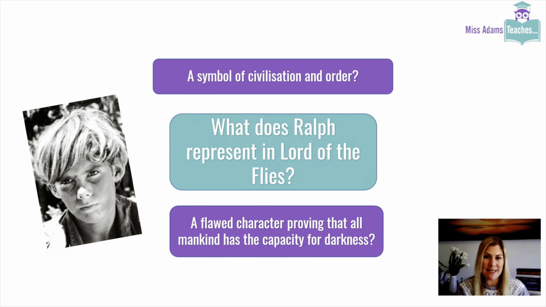He's not meant to be seen like a Simon character who seems to have very few imperfections and is almost revered as Christ-like. Ralph is average, he's got good parts and he's got bad parts, and that's why he's a great symbol for the capacity that mankind has to commit atrocities and to do wrong.